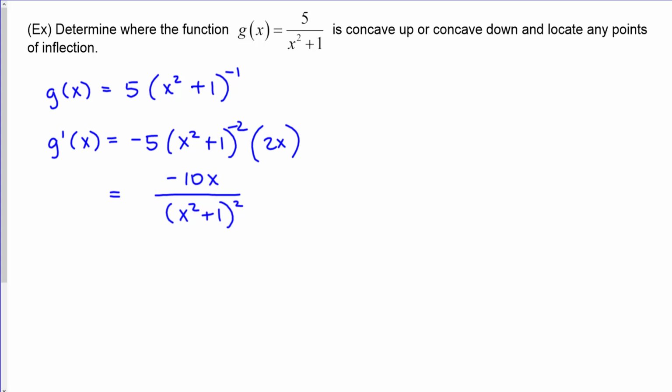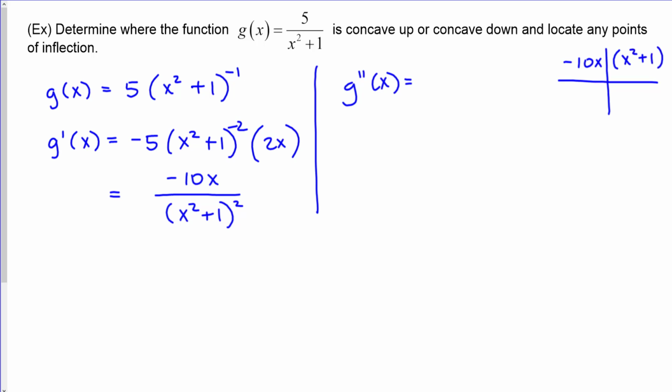So let's get started. So the second derivative of g, let's see, I need to come off to the side. The numerator is negative 10x. The denominator is x squared plus 1 quantity squared. So the derivative of negative 10x is negative 10.